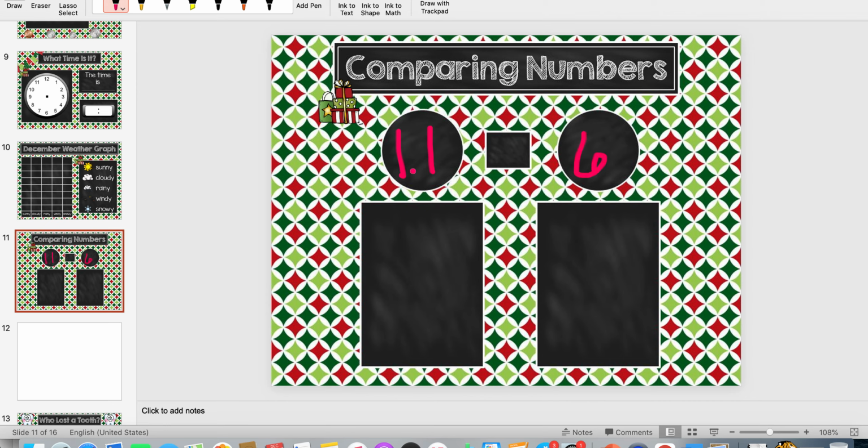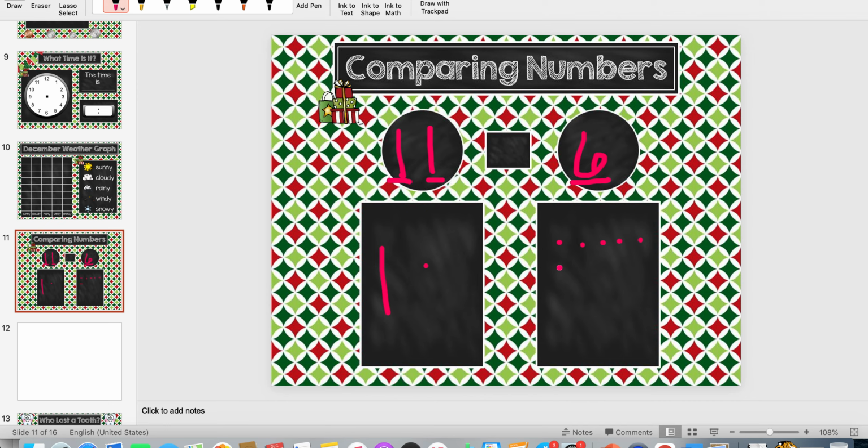So now I'm looking at 11. How many 10s are in 11? 1. So I'm going to make 1 stick. And how many ones? 1 dot. Now how about 6? Any 10s? Nope. So all we're going to draw is the ones. 1, 2, 3, 4, 5, 6.